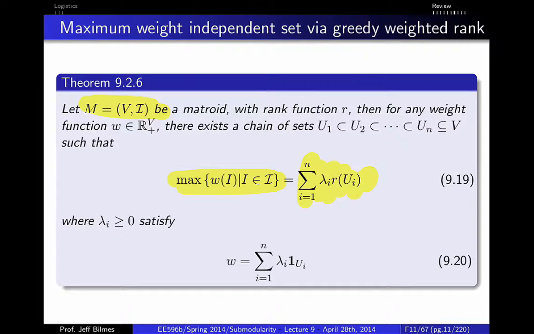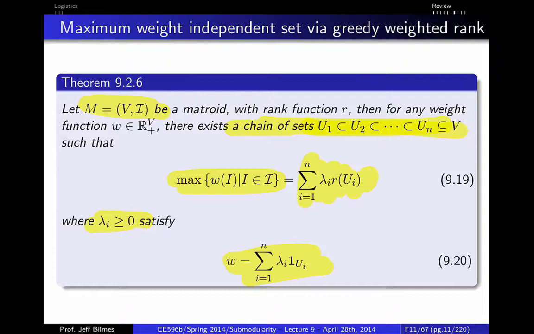The weights are lambdas and the valuations are the rank valuations on a chain of sets. A chain is a sequence of subsets where successive pairs have this subset relationship with respect to each other. Moreover, the coefficients lambda_i satisfy the following: given the weight vector, you construct the coefficients to reconstruct W, as a weighted sum of the incidence vectors of the elements in the chain of sets.